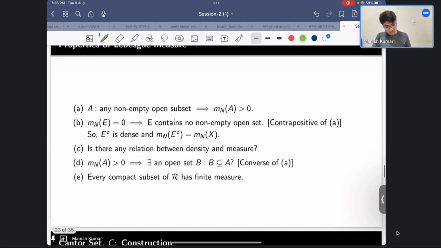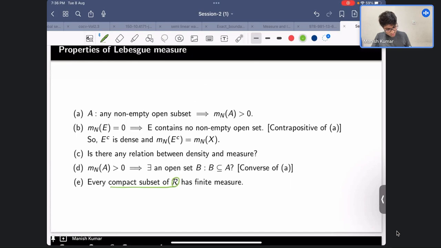Okay, now it says that any compact set, if you take it, has finite measure. The reason is that a compact subset of R, okay, it should not be R, it should be the real numbers, or Rn maybe you can take.